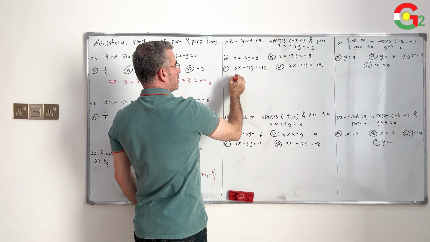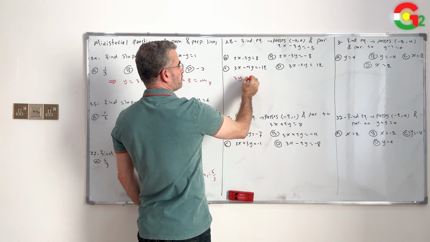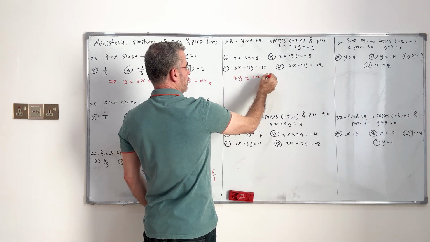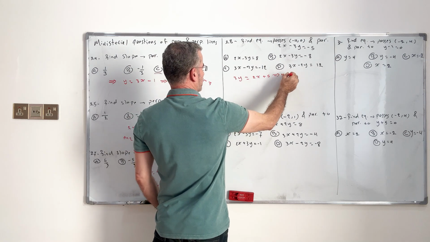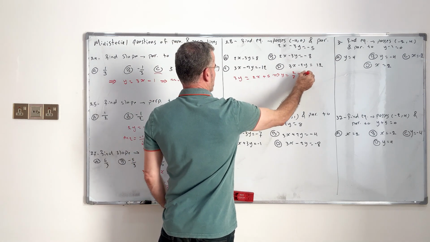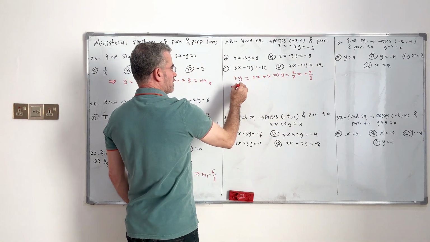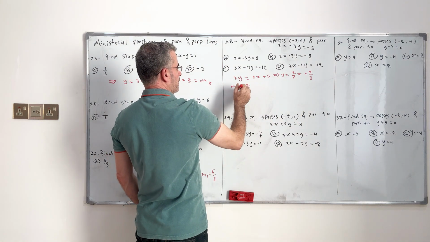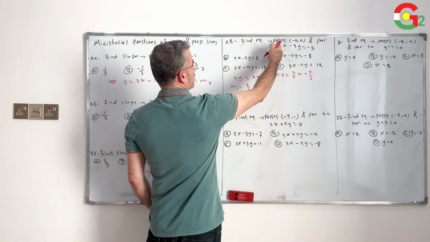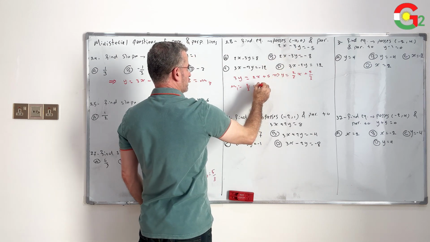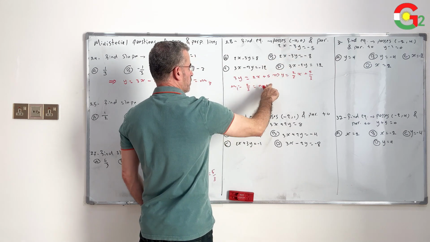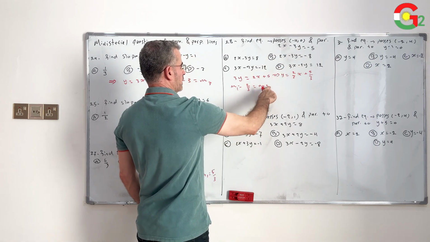Rewrite the equation in the slope-intercept form. 3y equal to 2x plus 5. Then y equal to 2 over 3 x plus 5 over 3. The slope is 2 over 3. Since the two lines are parallel, it is equal to the slope of the second line.